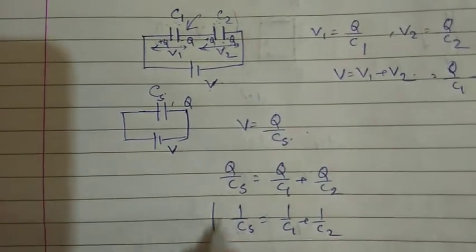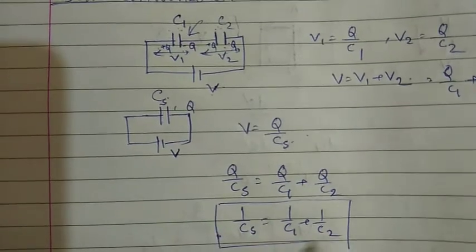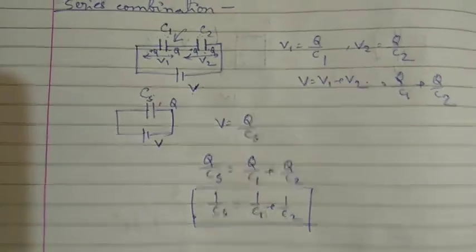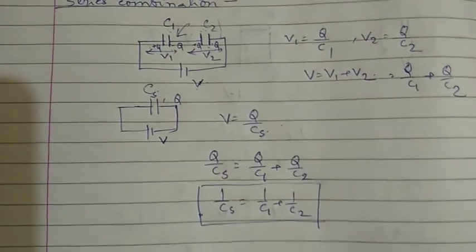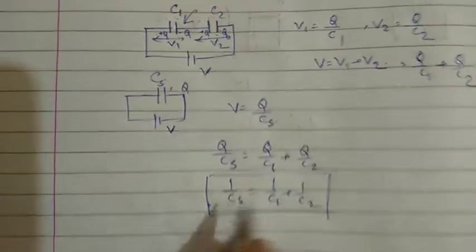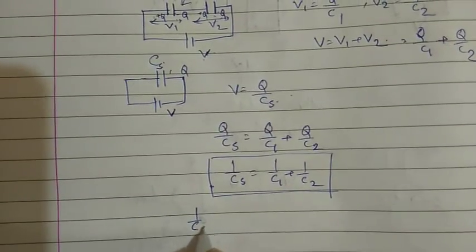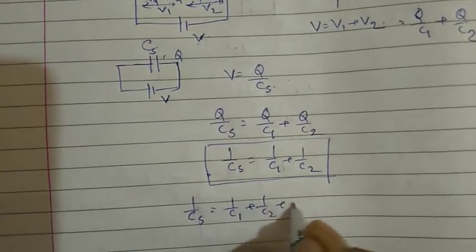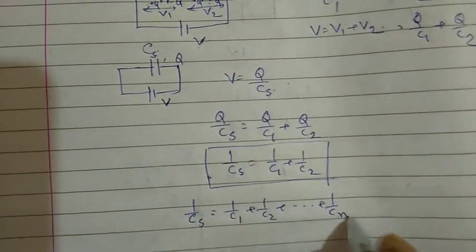So this is the equivalent capacitance of capacitors in series. Now there can be more than two capacitors. So in that case we can write, suppose there are n number of capacitors, 1 by C equals 1 by C1 plus 1 by C2 and so on, in general.